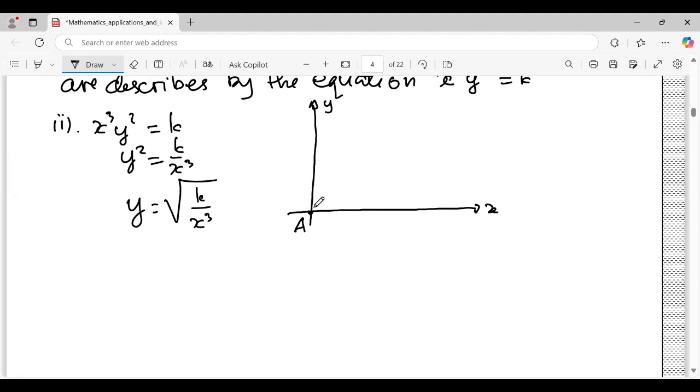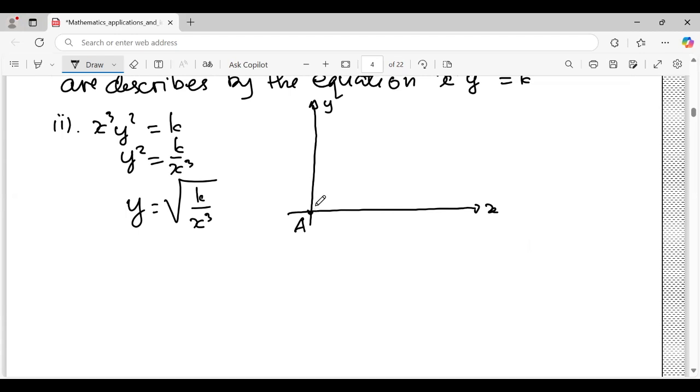The first equilibrium is A, (0, 0), the origin, and the second equilibrium is B, which is (3, 4). So we're going to create a graph according to the first equilibrium.